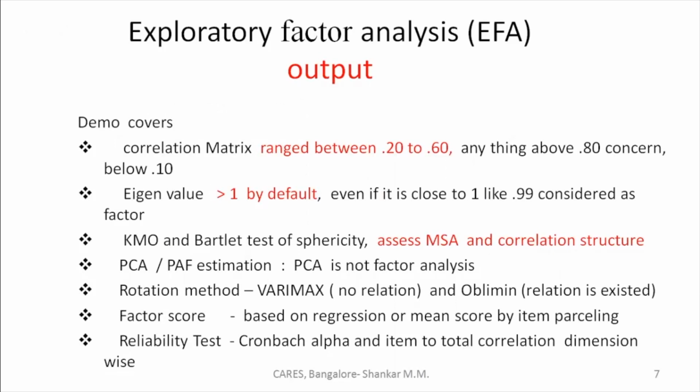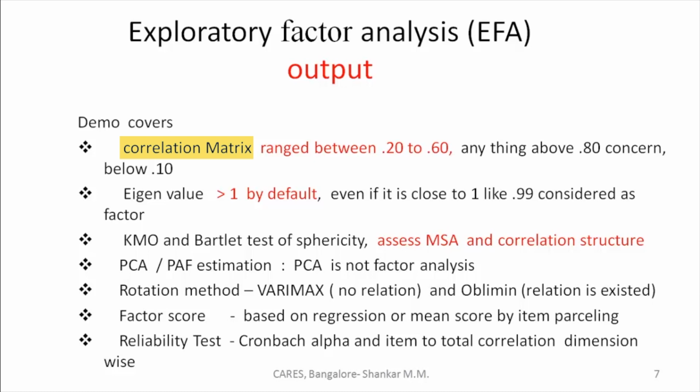Before we get into EFA, let us see what things we are expected to do in EFA. As we are aware, EFA is not done on raw data. The raw data is converted into a correlation matrix. On top of this correlation matrix, we run the EFA mechanism.